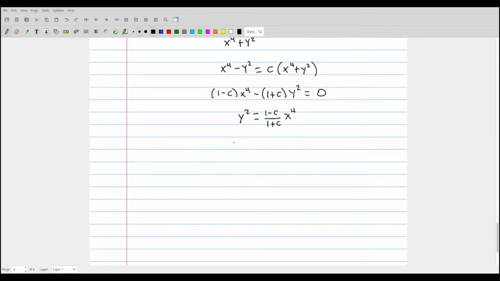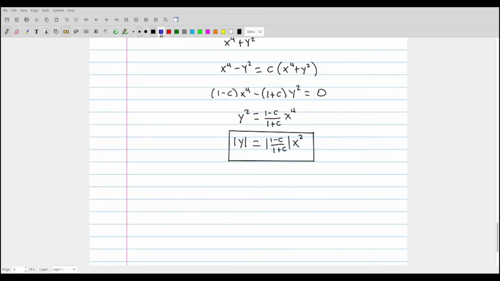Or taking the square root of both sides, it says that the absolute value of y is equal to the absolute value of 1 minus c over 1 plus c, times x squared. You take the square root of both sides. So the level curves of this function look exactly like this. This is the shape of the level curves.